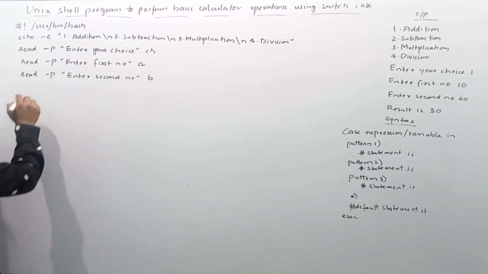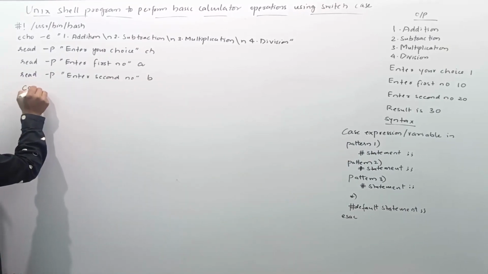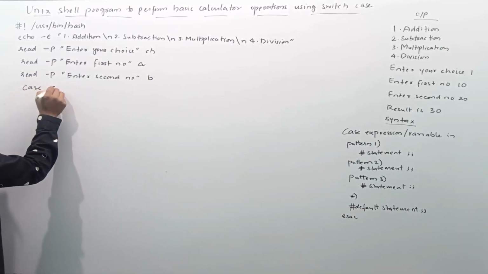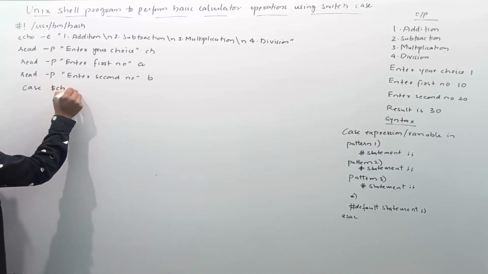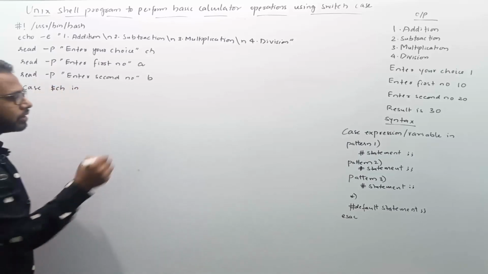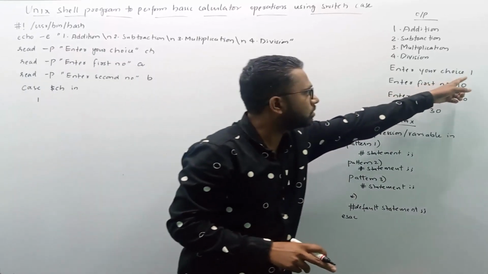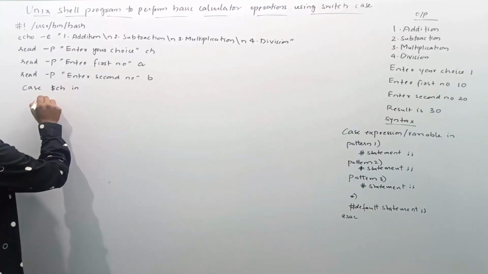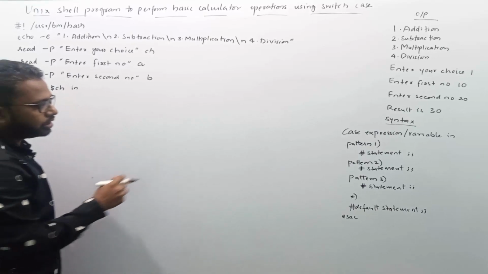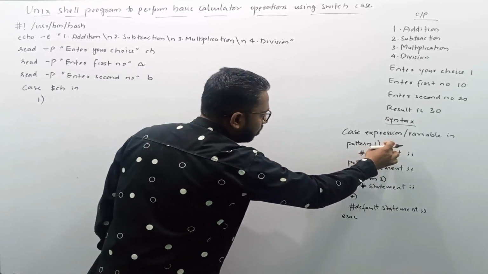Yes, now I will start this syntax. Now I just need to start the case: $ch in, then pattern 1. What if the user enters 1 bracket? Then you can bring this statement here also.